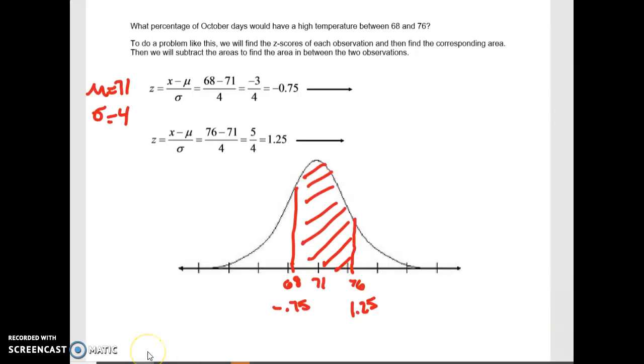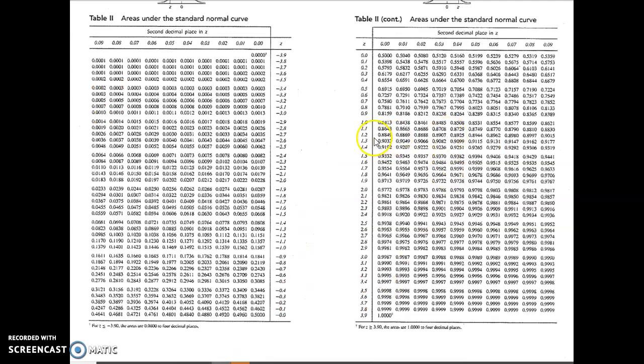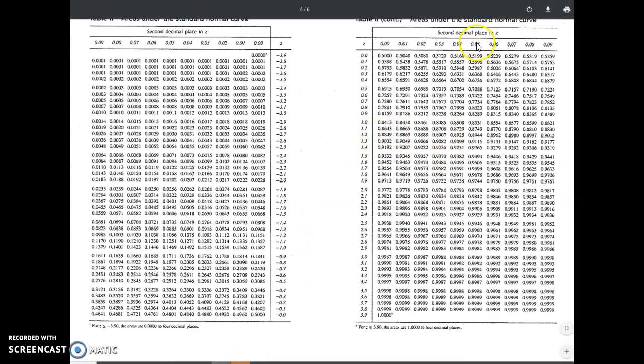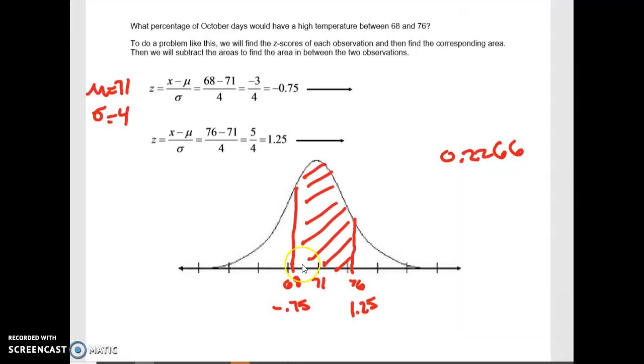Okay, so I'm going to write that down. Now 1.25. There's 1.2 and there's 5 up here. So 1.2 and come over the 5 column. That's 0.8944. So I'm going to write that down.